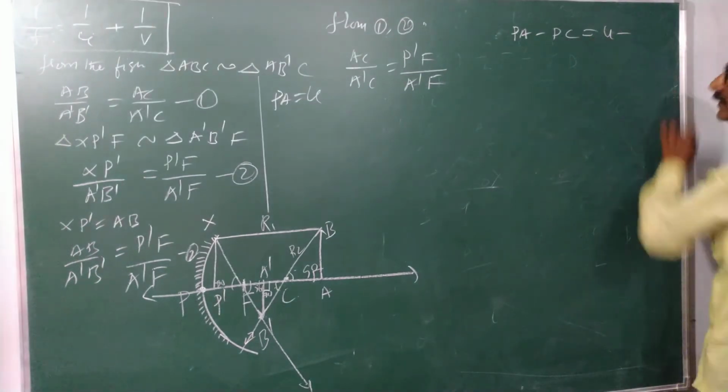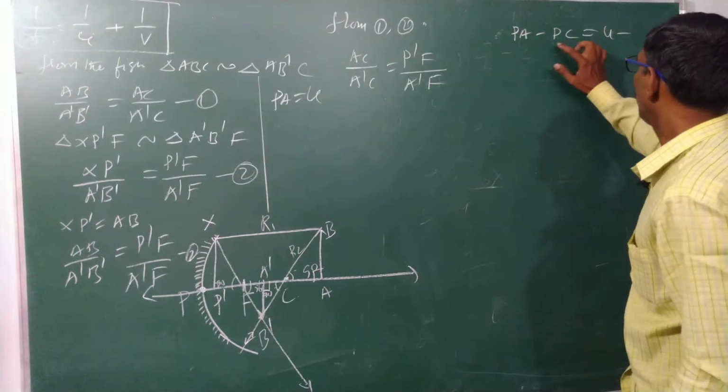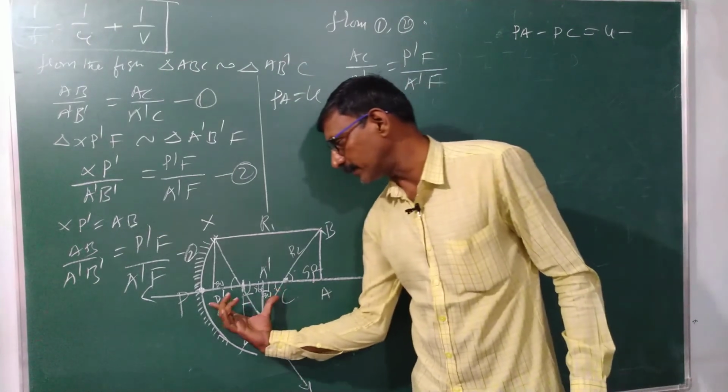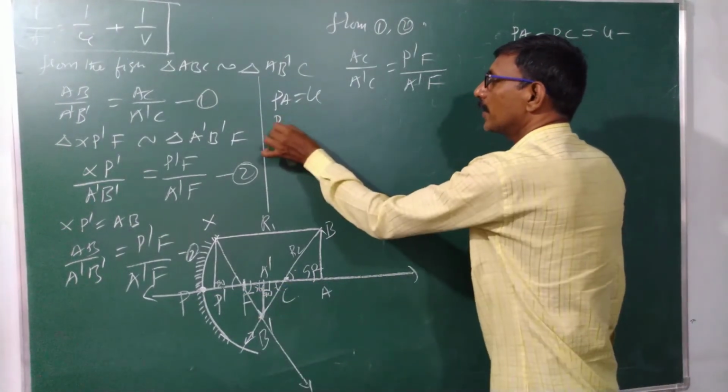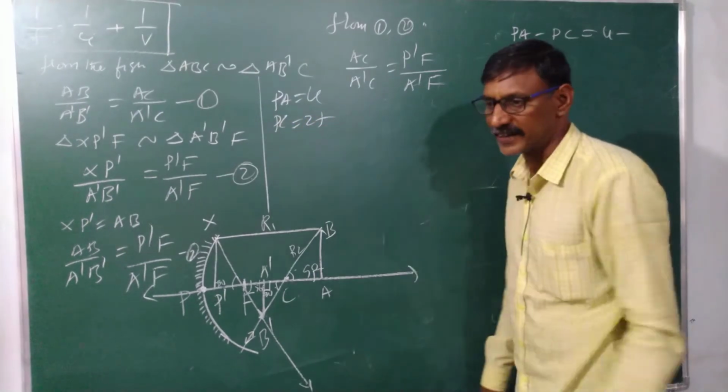So u minus PC. I already explained, PC is the center of curvature. PC is equal to 2 times f, already discussed.